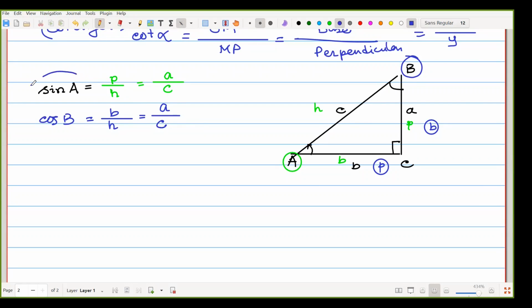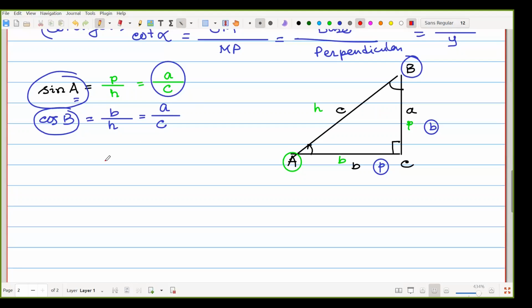Look at the value with the angle of reference A, which is our sin A, that is a by c. But with the angle of reference B, the value is also a by c.